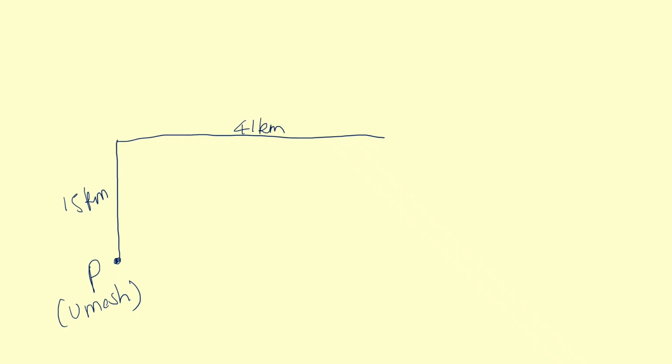He turns right and covers a distance of 41 km. Then again he turns right and covers a distance of 29 km. So if this is 15 km already, then for 29 km, how many more kilometers do you need?